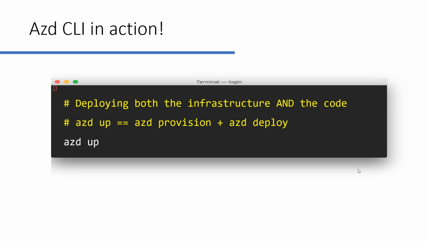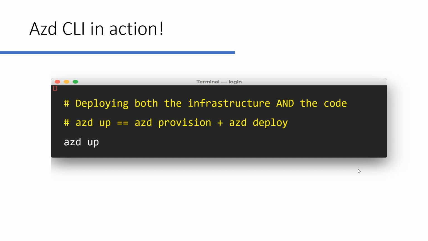Even though the provisioning command won't change your infrastructure because it's already there, it will perform checks to ensure that everything is there. And if your template has a complex infrastructure, this operation may take time. So you may want to skip that operation and simply do an azd deploy.